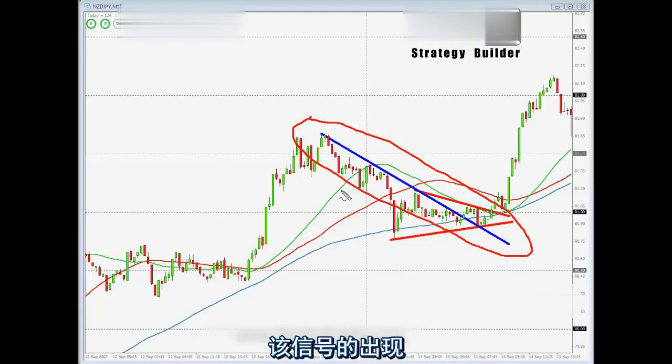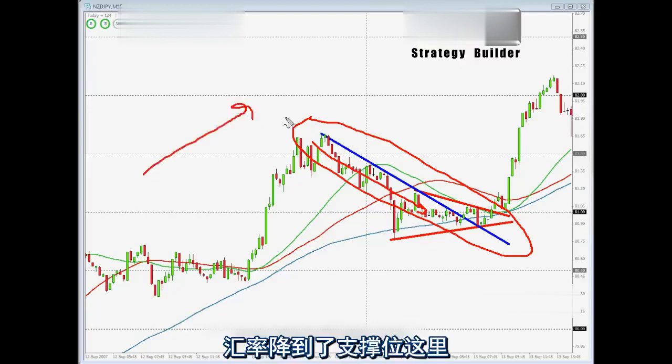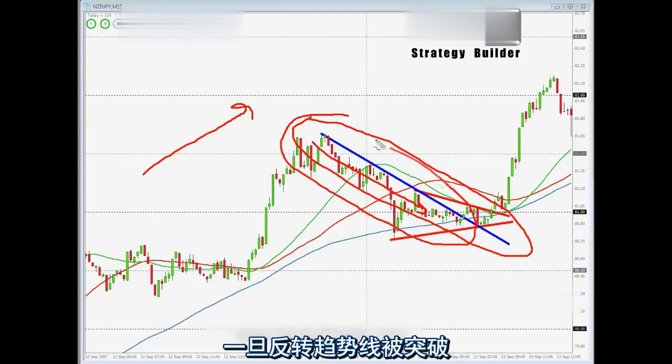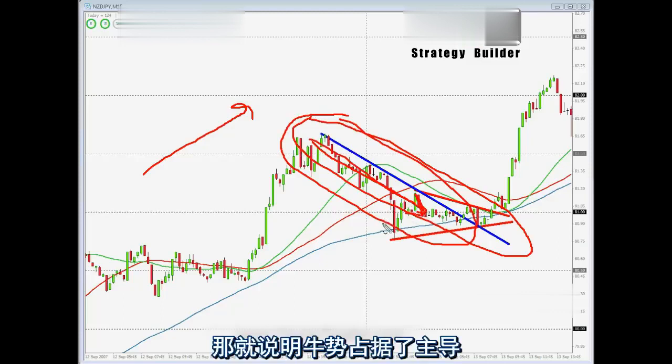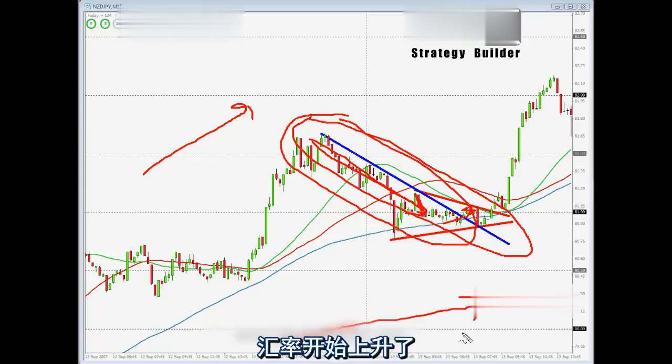It means that the bears that were retracing back price in this uptrend have been in control, at least from a temporary point of view, pulling price down to support levels, and once the trend line gives way, it means that the bulls, which were in charge in the setup chart since we are in an uptrend, regain control, and bang, price goes to the upside.